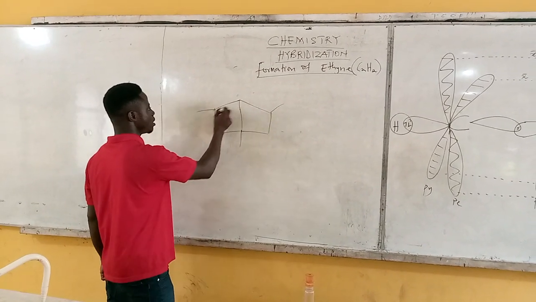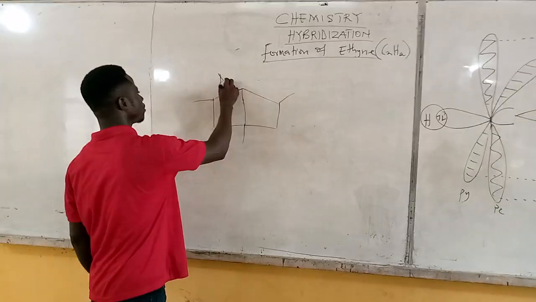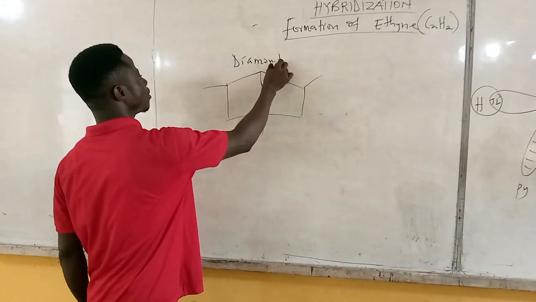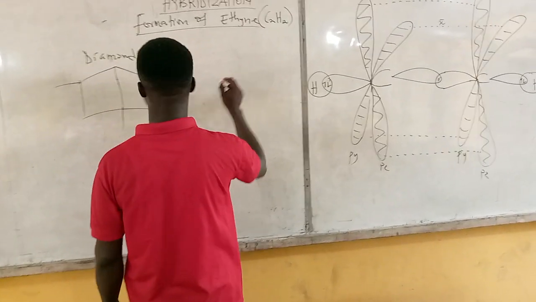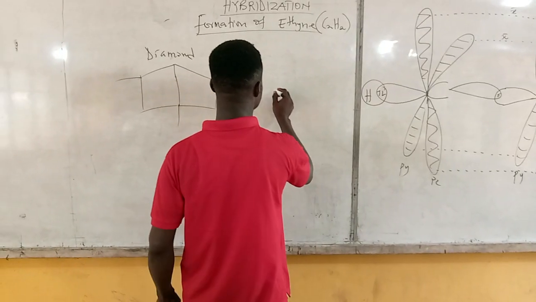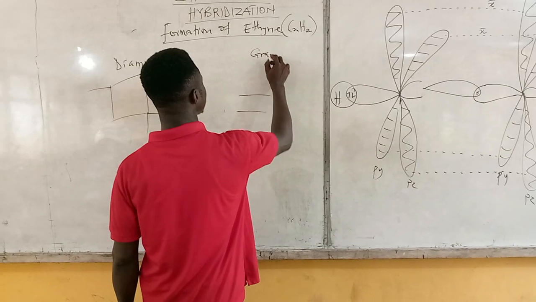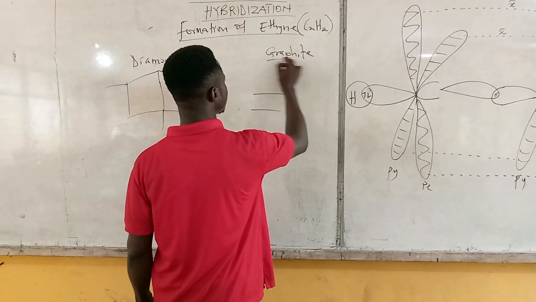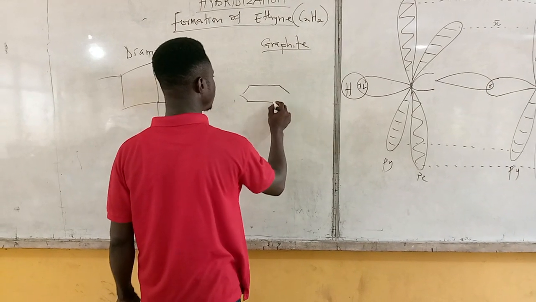Okay, so this is just a very simplified structure of diamond. And then we want to also look at a simplified structure of graphite. Graphite will take more time. Okay, so I want to give a simplified diagram.